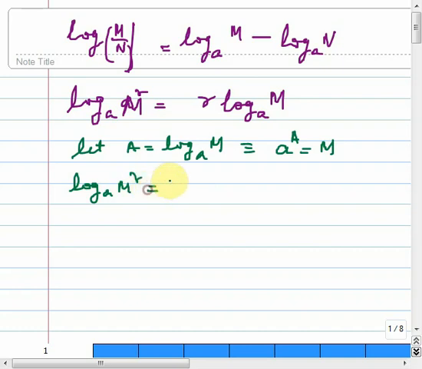We just put m is equal to a to the power a. This becomes log a of a to the power a, to the power r. This will be log a to the power a r, right?